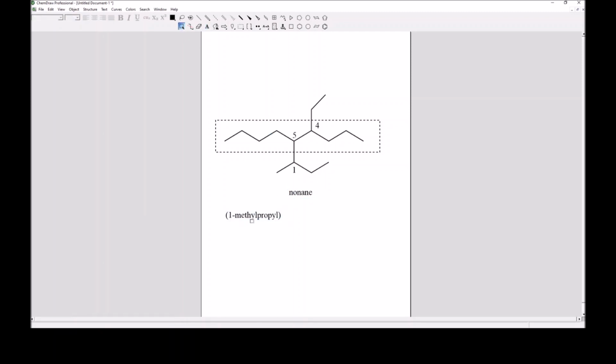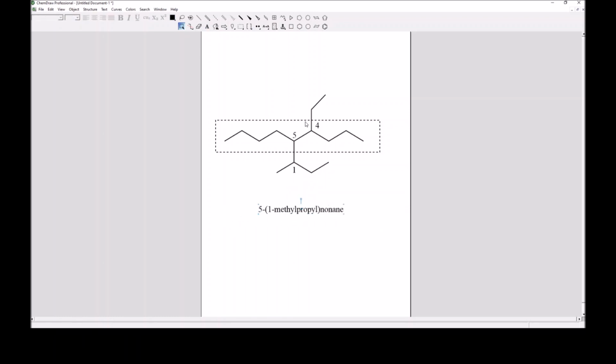And this now methyl propyl group that's coming off of the parent chain is coming off of the 5 position. So this whole thing right here is now a 1-methyl propyl, and it's coming off of the 5 position of the nonane. So let's go ahead and write nonane on here. Then I can stop floating that word around.